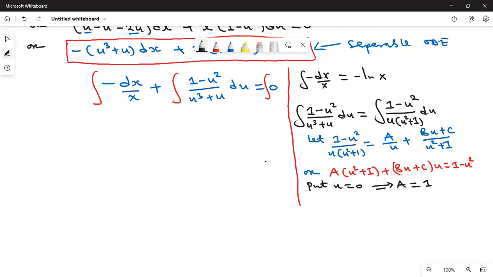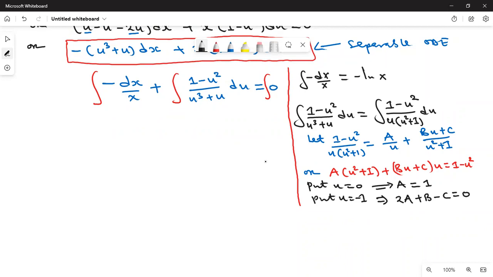Any other value of u, let's use negative 1. Put u is negative 1. That means we'll have 2A, so negative 1, that means we'll have plus B minus C is equal to 0.